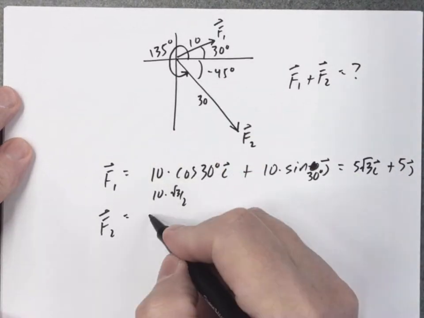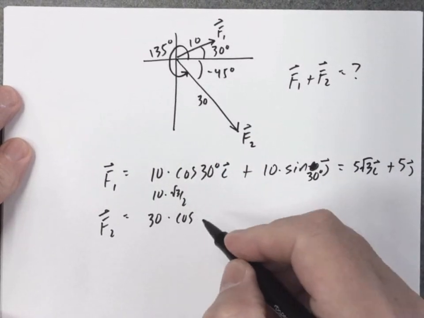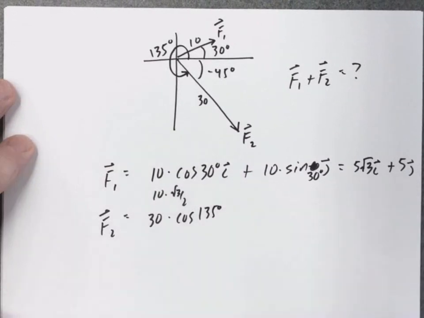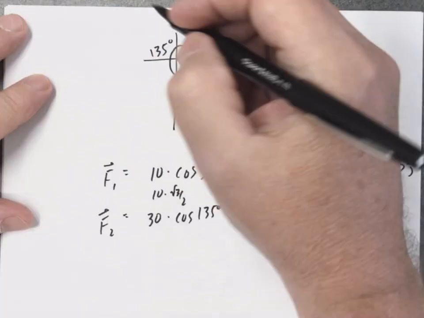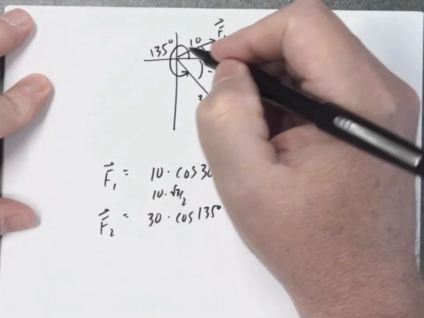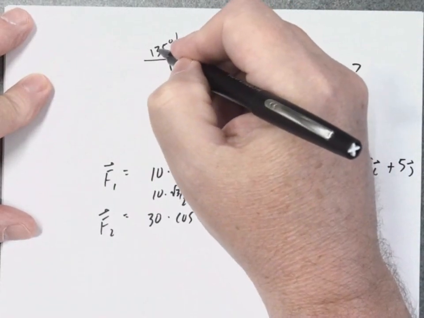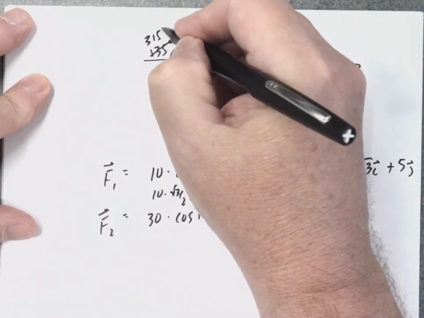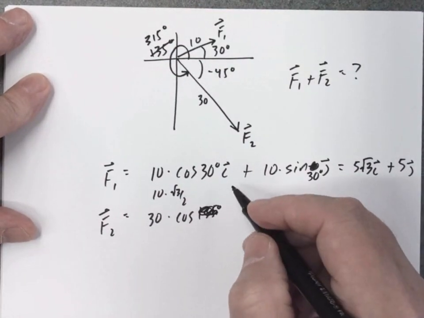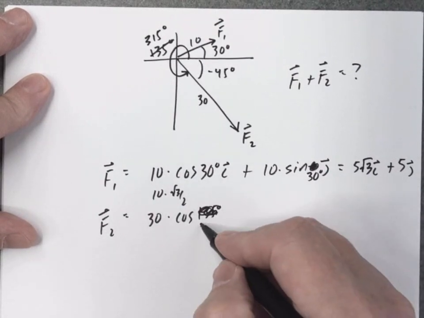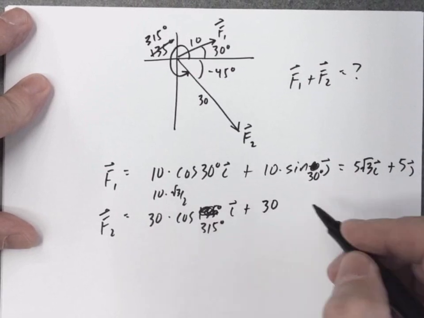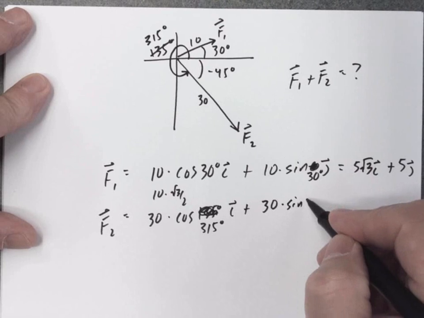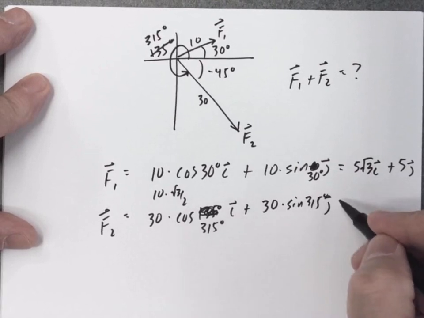So what I have is the magnitude times the cosine. Oh, sorry, wow. I should subtract it from 360. So it's 360 minus 45. So the angle is really 315. And then the J part is 30 times the sine of 315 degrees j.